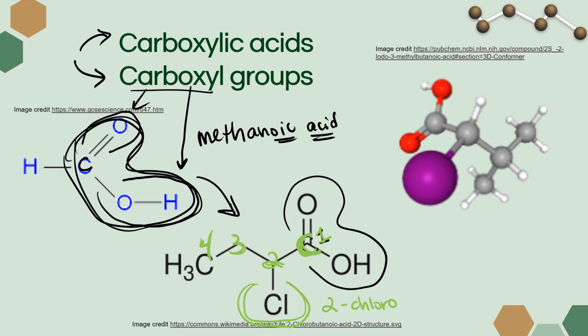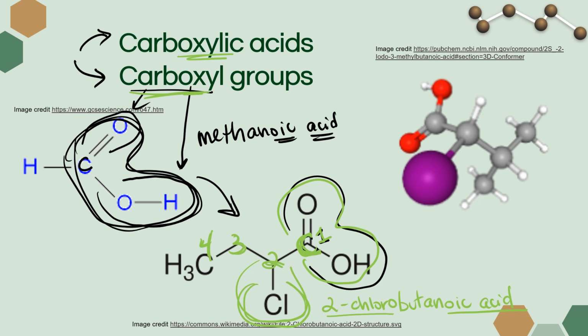What's our prefix for 4? Meth, eth, prop, but. So this is 2-chlorobutanoic acid. Because it's a carboxyl group, it's our carboxylic acid, butanoic acid. Oic acid tells us COOH. 2-chloro tells us that there's a chlorine group on carbon number 2.